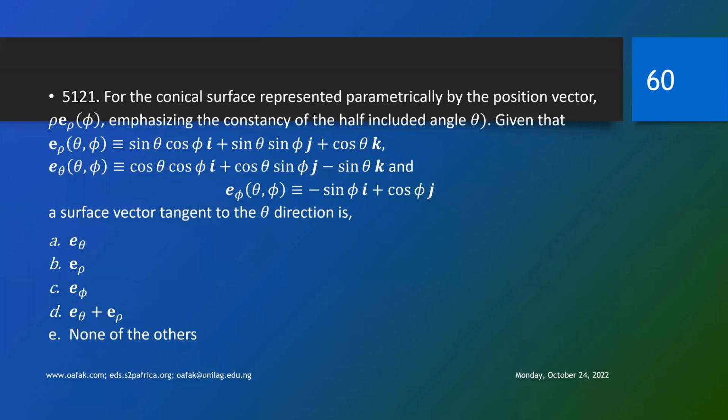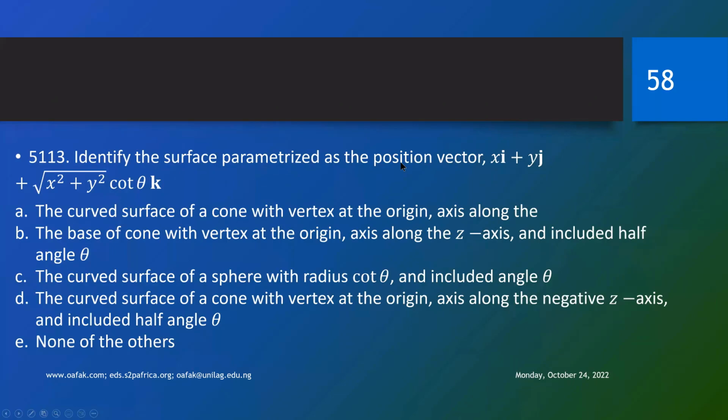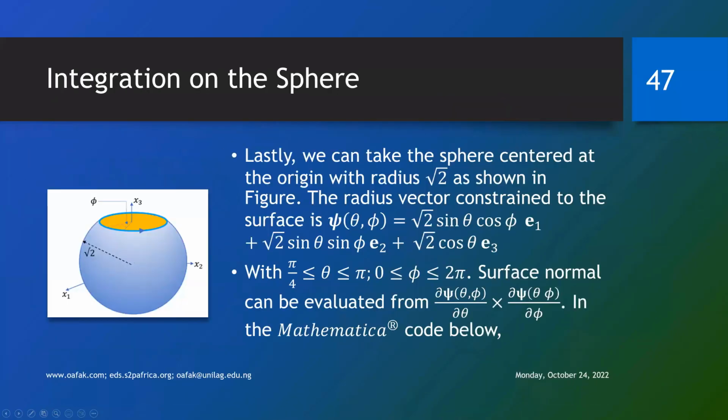Yes, that is right. Along the surface of a cone, theta is constant. Remember, we are looking at the conical surface. Along the conical surface, the constancy of theta is already emphasized. Let me just show you a picture of a cone.